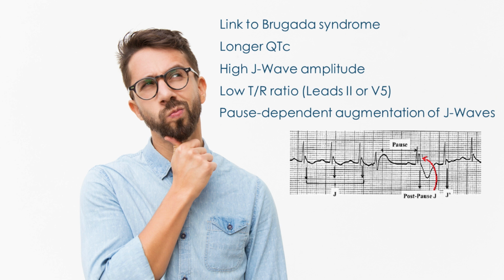Some of these findings that you'll see on an EKG that has early repol is a long corrected QT interval or a high J wave amplitude or low TR ratio. The most important, most predictive finding would be a pause dependent augmentation of the J wave. So if you happen to see a pause and then afterwards the J wave looks bigger, that is predictive of those patients who may be predisposed for idiopathic ventricular fibrillation.